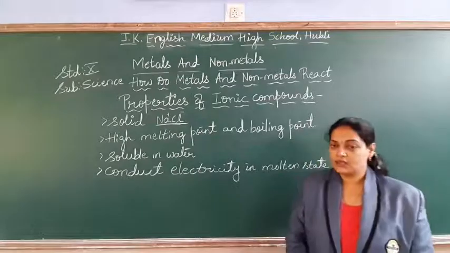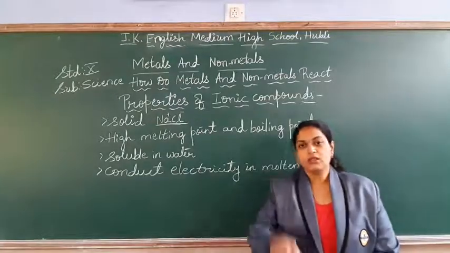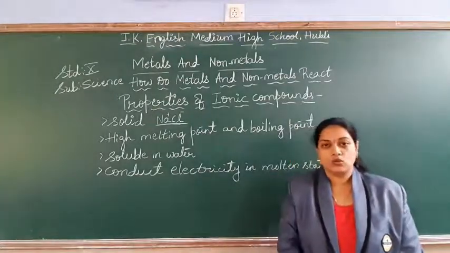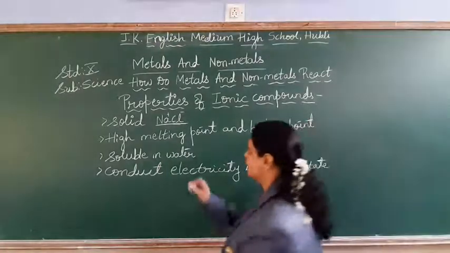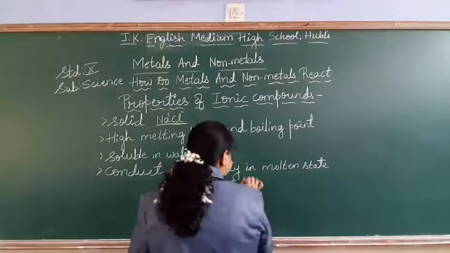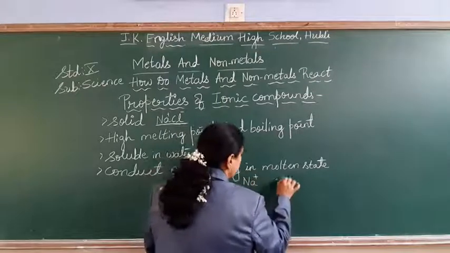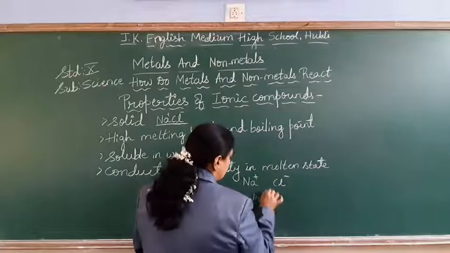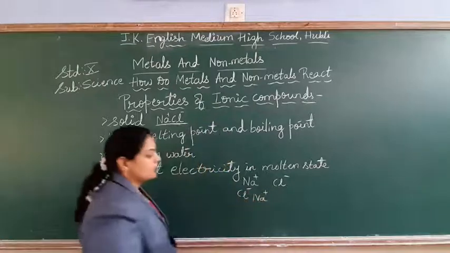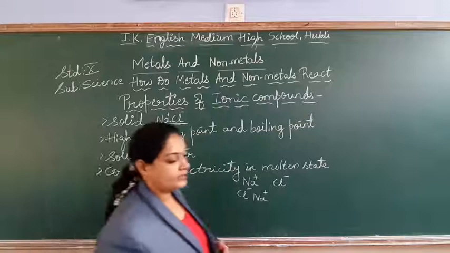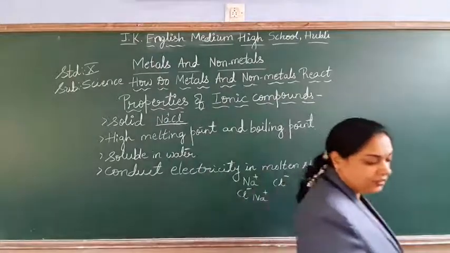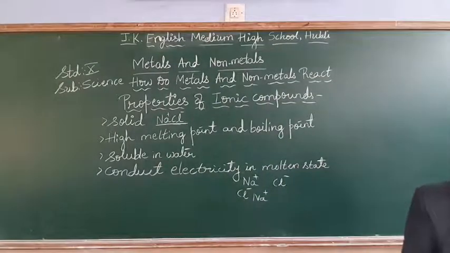We are going to take the salt, put it in the water, dissolve, make it into salt solution. Now you pass the current. What happens there exactly? They will start dissociating as Na plus and Cl minus. That is how you can pass the current. The meaning is they can conduct electricity in the molten state but not in the solid state.